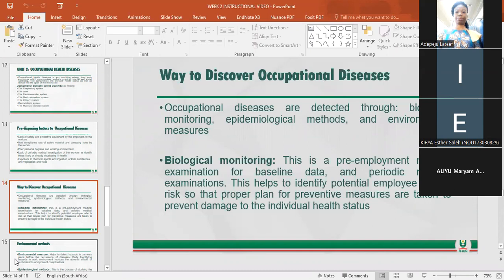As I mentioned earlier, it is having baseline data of your employees prior to employment, in order to prevent or to take measures on how to help the person.